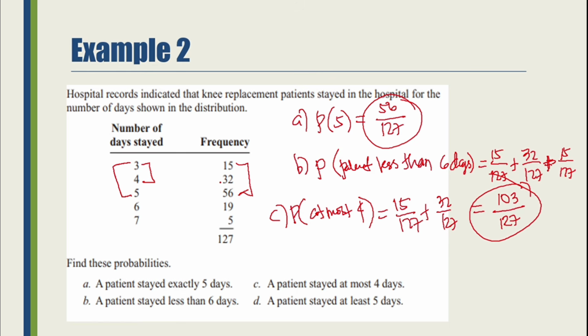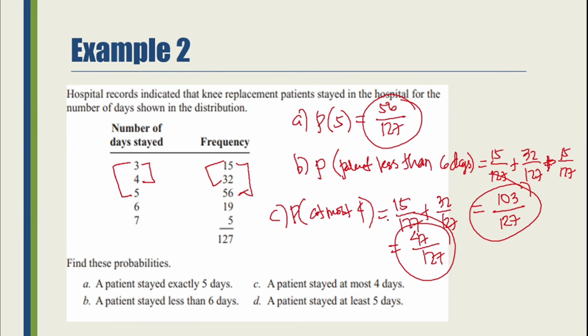That is equal to 47 over 127. And that is at most 4.